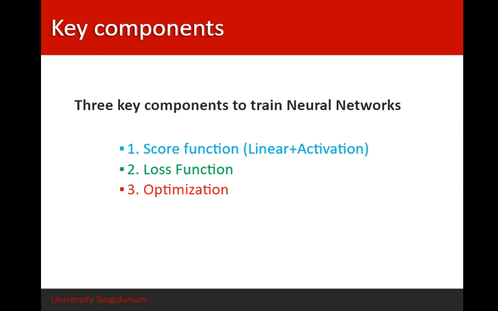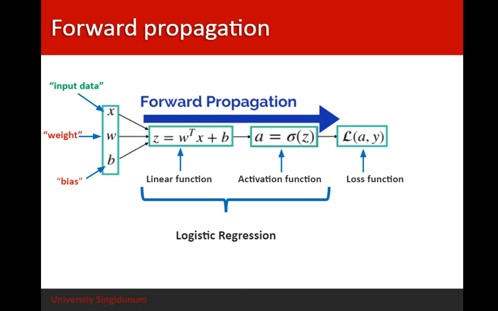We have three components to train neural networks. The first one is the score function, that is the linear function and the activation function. The second one is the loss function, and the third one, which is very important, is the optimization. Here we have given x, the input, our input data, and we don't have any choice over x, that is given, but we have choice over the parameters w and b.